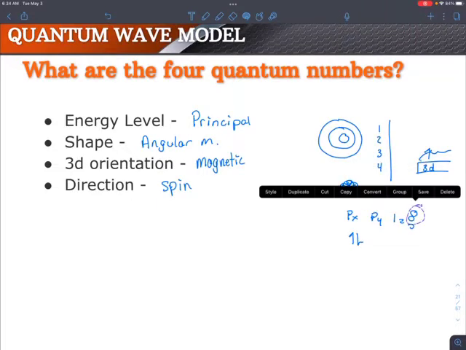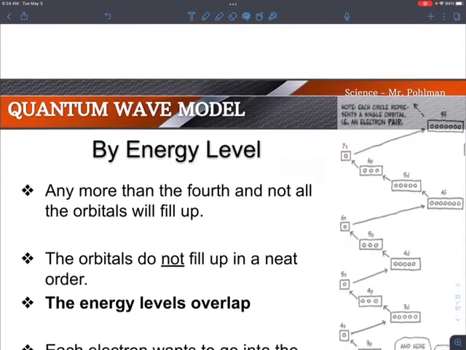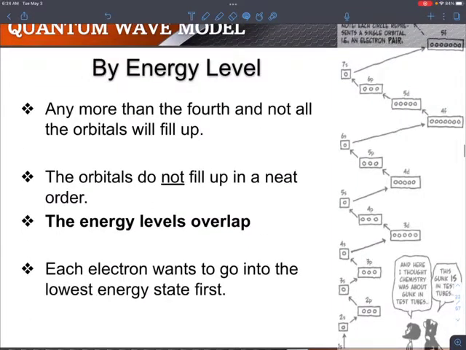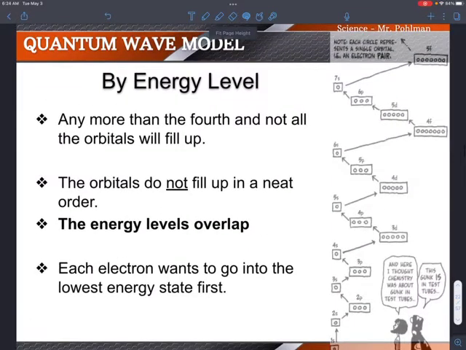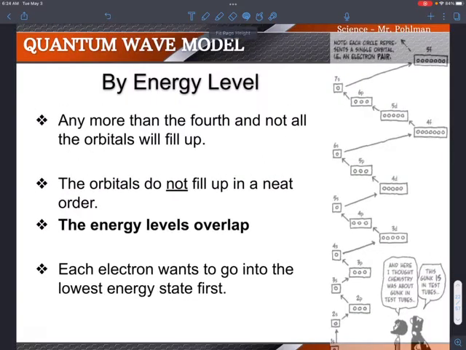So what we're going to do instead is describe where these electrons are going to be positioned. The thing I want to warn you of in advance is that when we are filling in these electrons, trying to describe where they're at inside of the atom, it doesn't fill in nice and neatly.